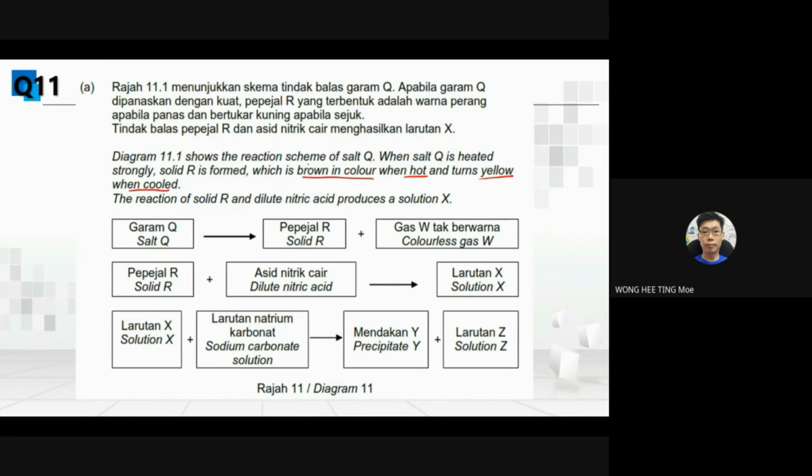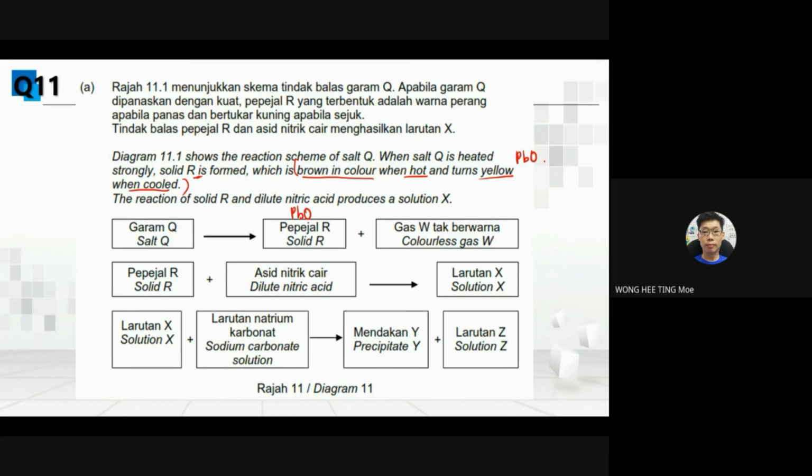So if you see this one, what is this, class? Lead-2 oxide. So R, lead-2 oxide. So this one you can write here. The reaction of solid R and dilute nitric acid produces solution X. Okay. So class, have a look here. Lead-2 oxide and then colorless gas. Only one gas is released.